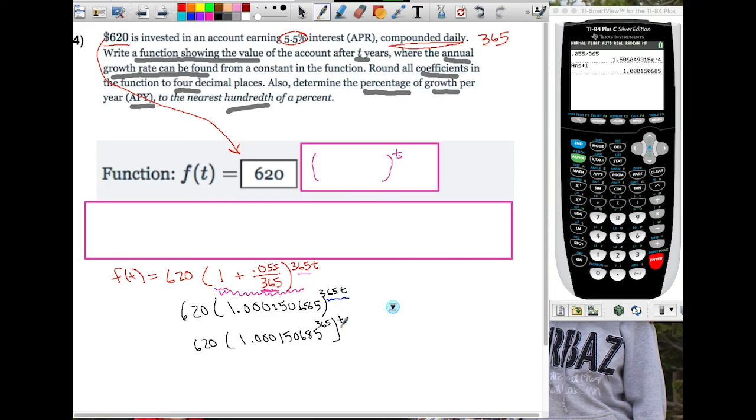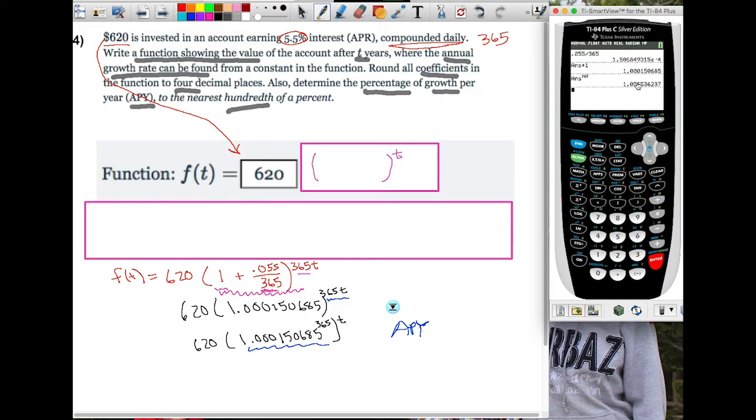Break this up so it's in terms of t, which gives me what I call the APY, annual percentage rate in a year. So I just need to figure out what this value is to the 365. And on my calculator, I already have it up here. And so I'm just going to go exponent 365, hit enter. There's the value.